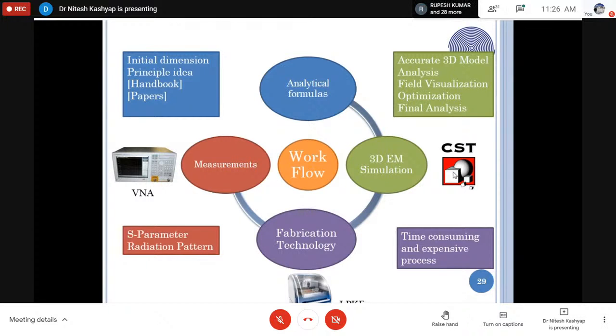One important factor I have to mention is that if the measurement and the simulation do not match, we will go again to the simulation process to finalize or optimize the antenna. Okay, so that is the whole workflow of antenna designing or any microwave component design.